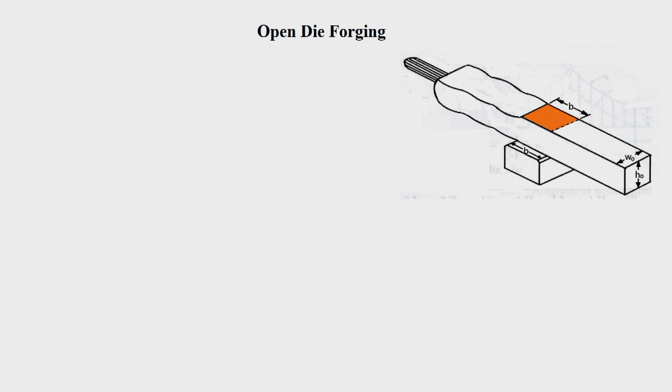The simplest open die forging is the cogging, a billet between flat tools to reduce the cross sectional area, and when you talk about open die forging, the term which comes is coefficient of spread.